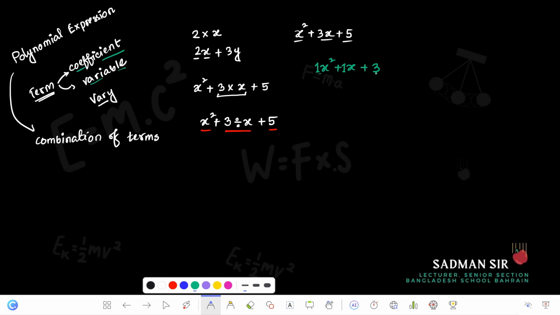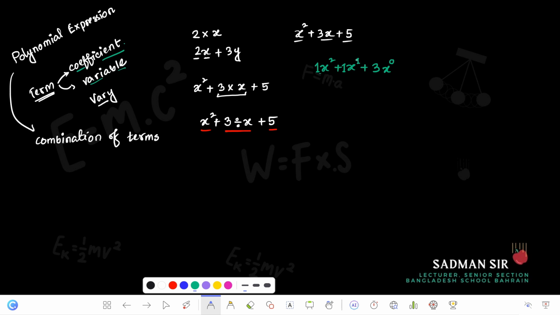And then comes this one, 3. You might say that okay, the coefficient 3 is there, but where is the variable? As there is no variable, this does not qualify to be a term. But this is also a term. How? Whenever the variable is not there, we consider that the variable's power is 0. For example, here the power of x, that is the variable, has a power or degree of 2, and here the degree is 1.